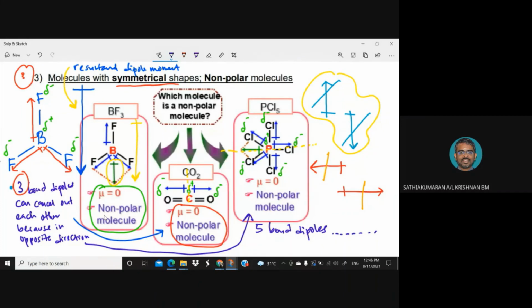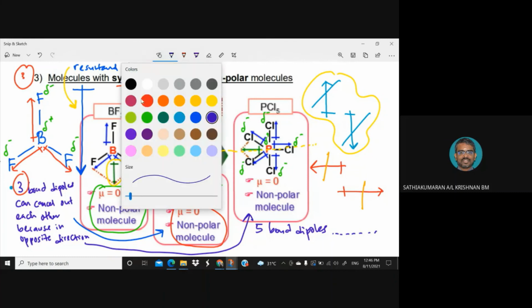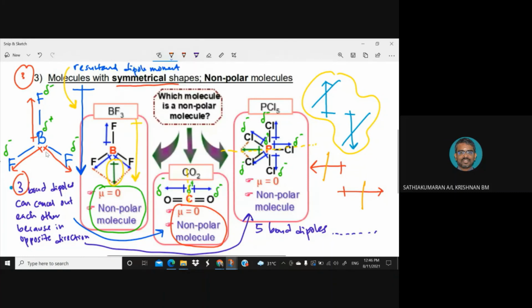Okay, does it have a resultant dipole moment? Let us check. When I say up, down here, no, because the tendency to attract electrons is the same. When I say like this, yes, because one dipole is up, two dipoles are down. So that means the tendency to attract the bond electron pair is much greater facing like this.